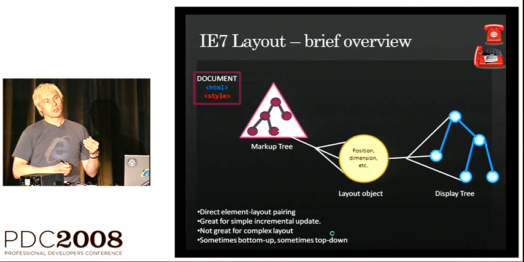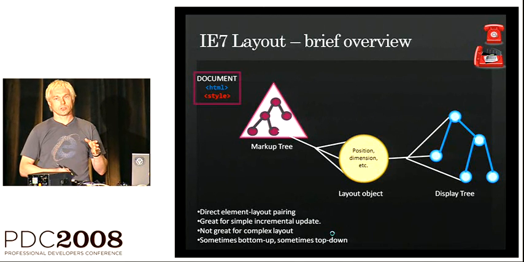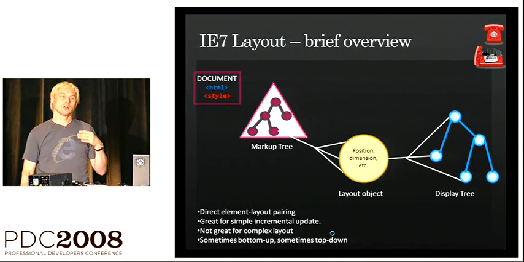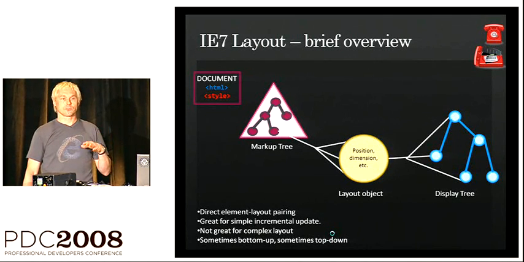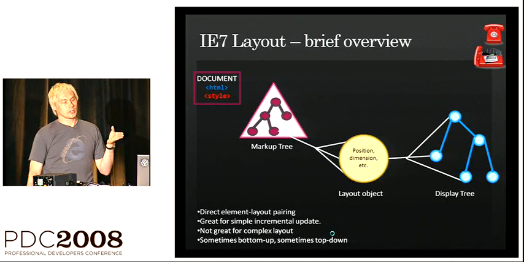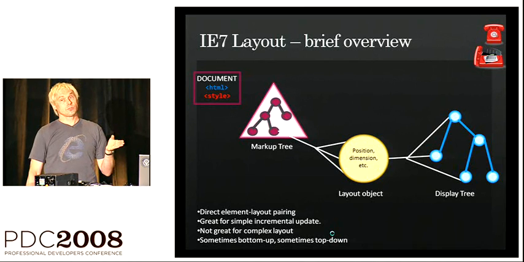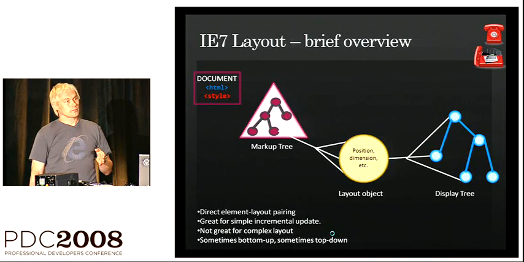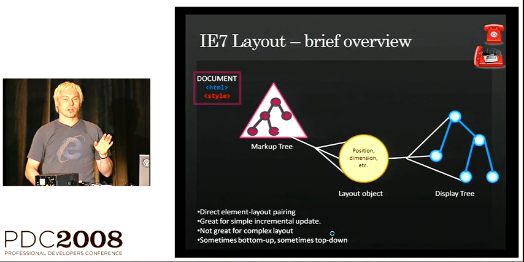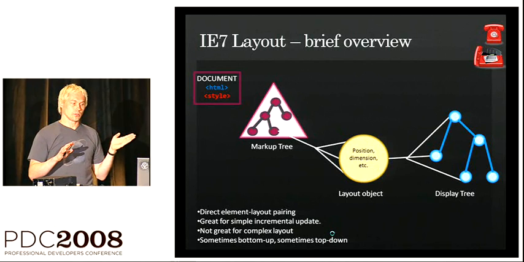The display tree, however, is a tree of objects on screen which is optimized for things like rendering, z-order, hit testing, and it can have a different shape, with different one-to-one or one-to-many relationships to objects. It doesn't have to be a separate tree, but we built it like that in IE5 and are very happy about it, because it does allow separation of logic between things.